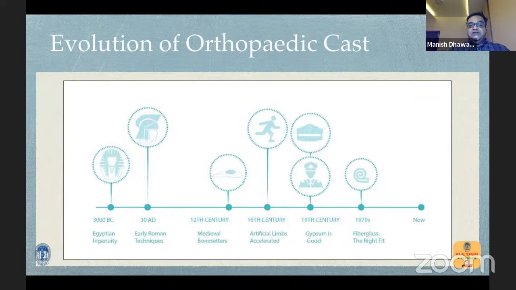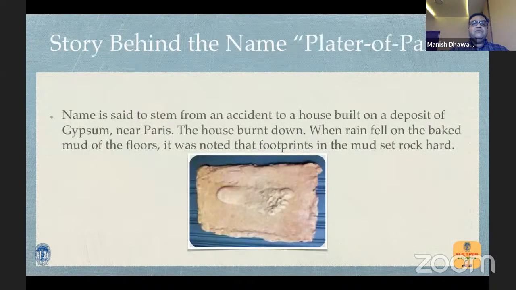Then in the 16th century, artificial limbs were accelerated, so plaster of Paris was used in artificial limbs also. Then came the 19th century, when Mathijsen introduced gypsum and plaster bandages came. From the 1970s onwards, fiberglass and other casts evolved. We will see that in our coming slides.